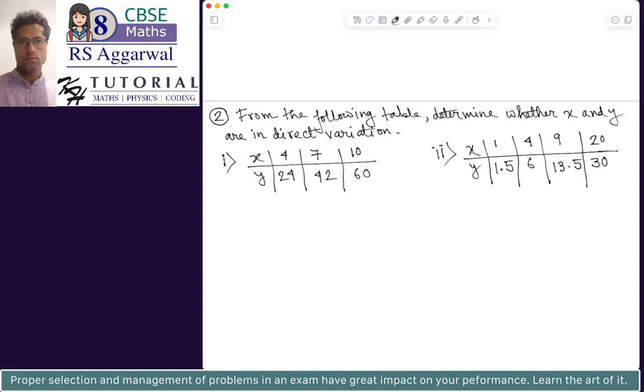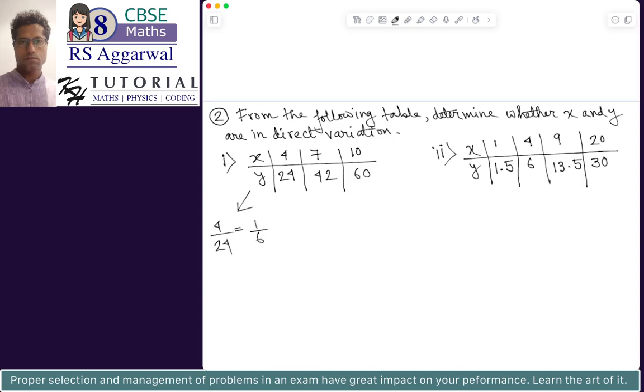So for this table, we will find the ratio of x by y for all the corresponding values. What is the ratio x by y for the values 4 and 24? This is 1 by 6.